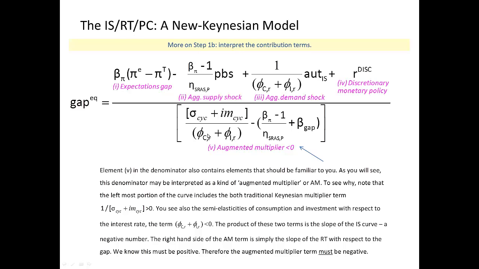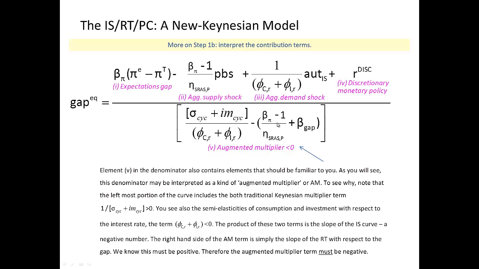You recall that these are semi-elasticities. And you'll remember that this is actually straight out of the IS curve. And you remember that even before we learned about the IS curve, these guys here, the marginal propensity to save and import, were straight out of the Keynesian multiplier.